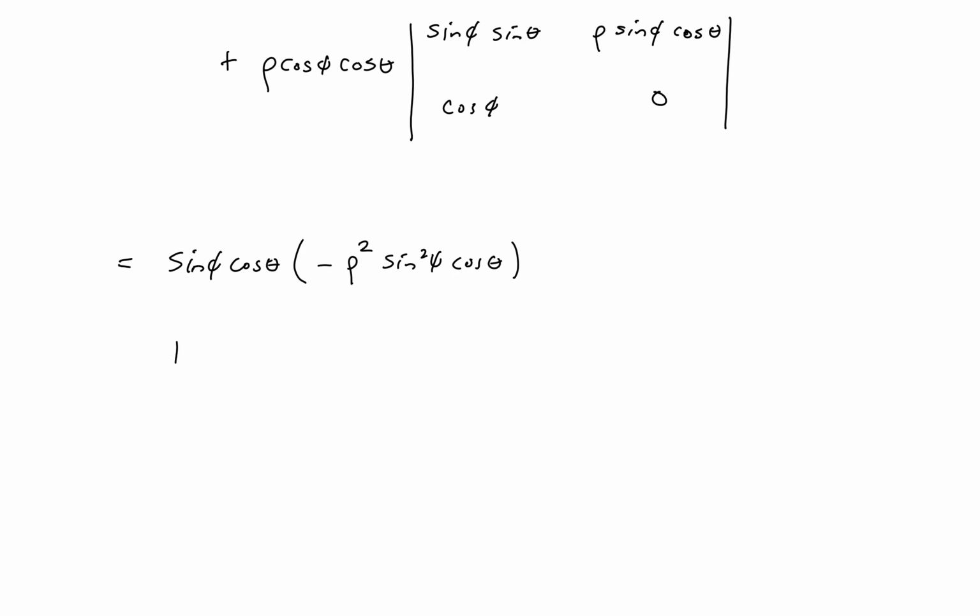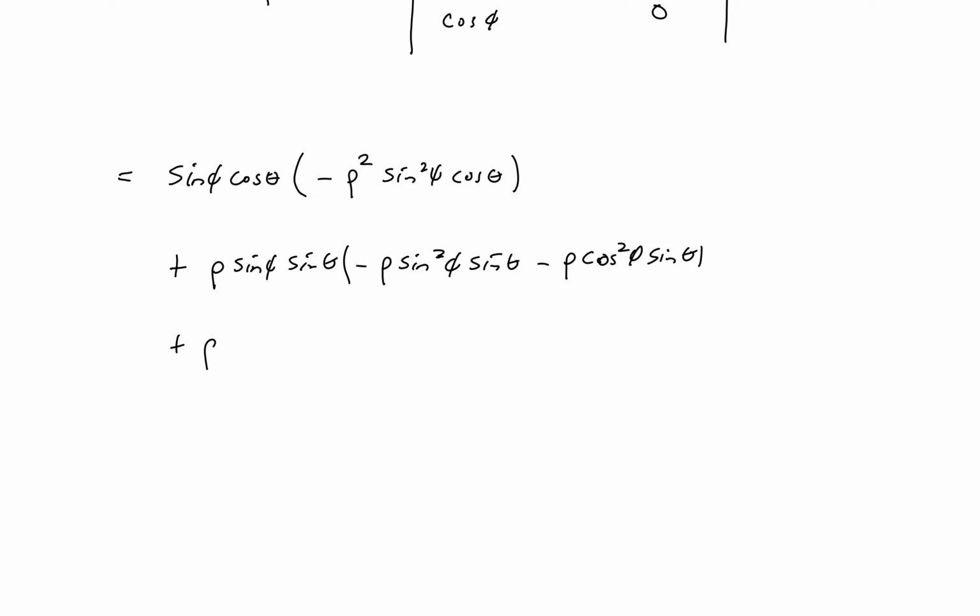And then I have plus rho sine phi sine theta, and then inside I have minus rho sine squared phi sine theta, minus rho cosine squared phi sine theta, and then finally the last one, rho cosine phi cosine theta, and then a minus rho sine phi cosine theta.